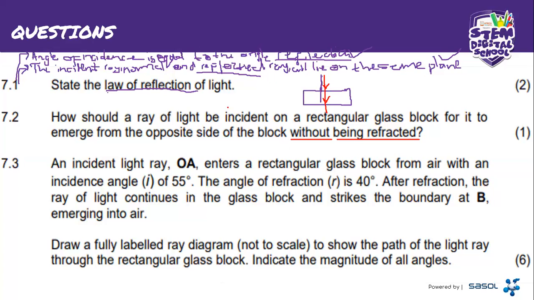In other words, how is it supposed to be? The ray of light must be perpendicular to the surface.